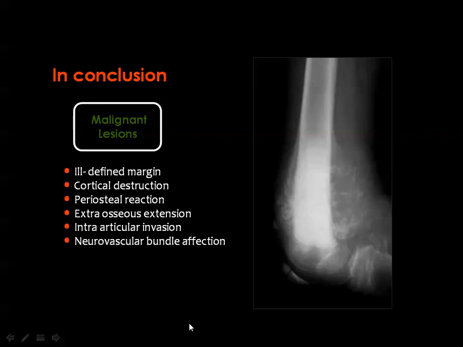Malignant features include ill-defined margin, cortical destruction, periosteal reaction, and extraosseous soft tissue component, which may extend inside the joint and may also involve the neurovascular bundle.